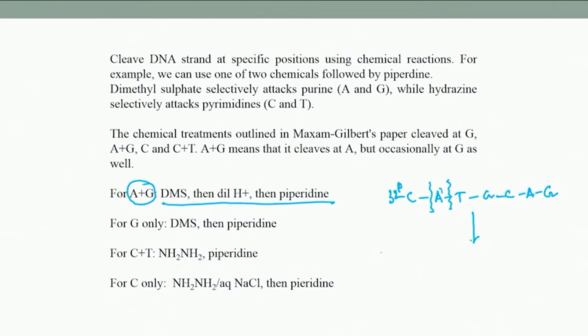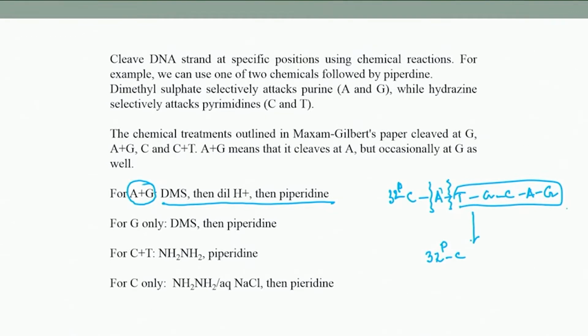So, if both sides of A are cleaved, what will you get? You will get 32 phosphorus and C, that will be the piece you get, and you will get the other piece, that is TGCAG. Okay, but this piece interestingly does not have the radioactive phosphorus in it. So, this will not be visible. The part on the right side you can neglect, because that will not be visible in the electrophoresis gel.